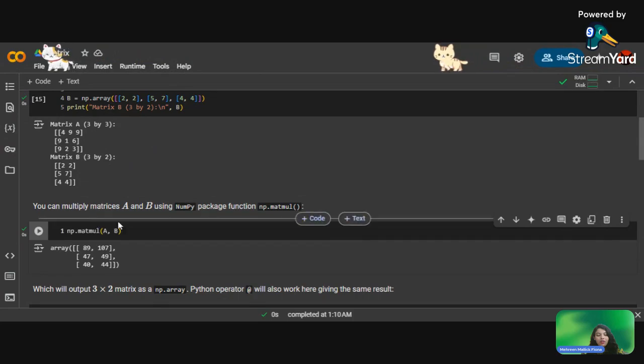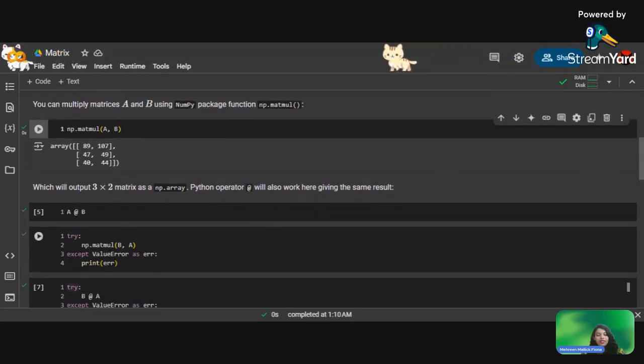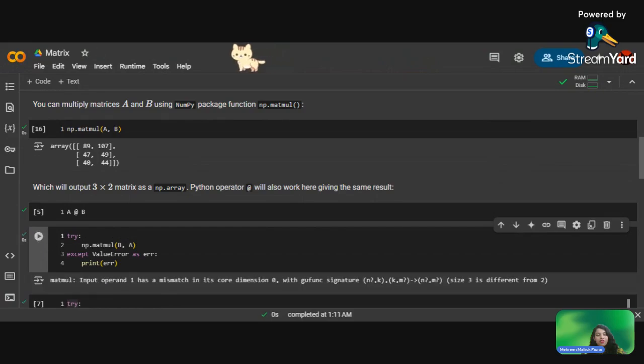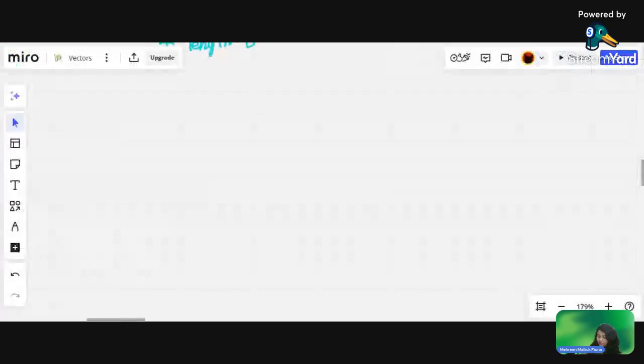Now that we recall that, let's see a different thing. Let's see what happens when we run this code. It is saying that input operand 1 has a mismatch in its core dimension 0. Let's go back to the board.